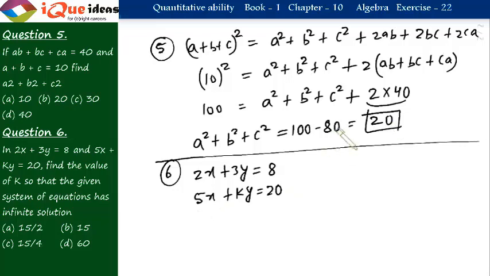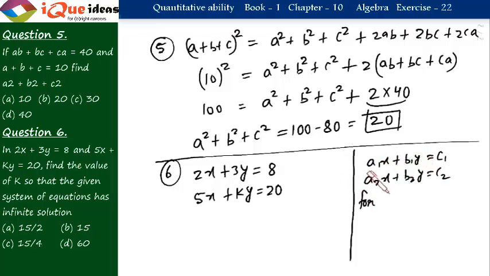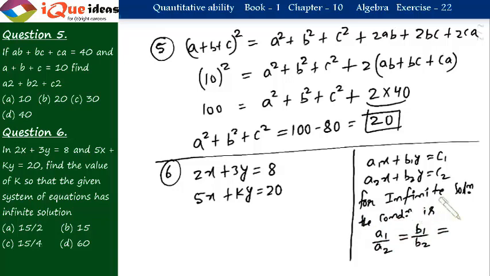If you remember the theory, for a system of equations a1x plus b1y equal to c1 and a2x plus b2y equal to c2, the condition for infinite solutions is a1 upon a2 should be equal to b1 upon b2 should be equal to c1 upon c2.